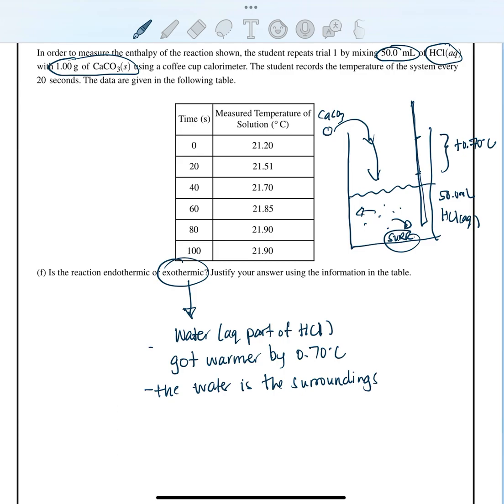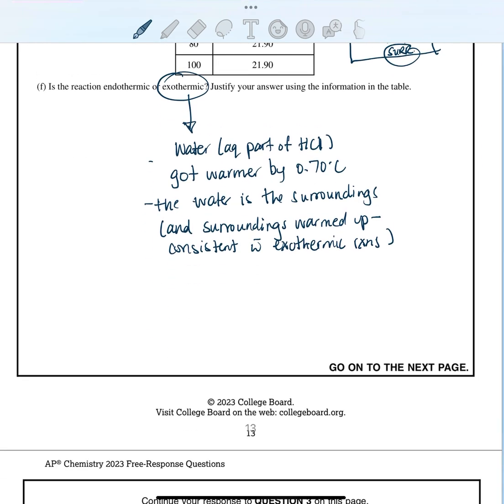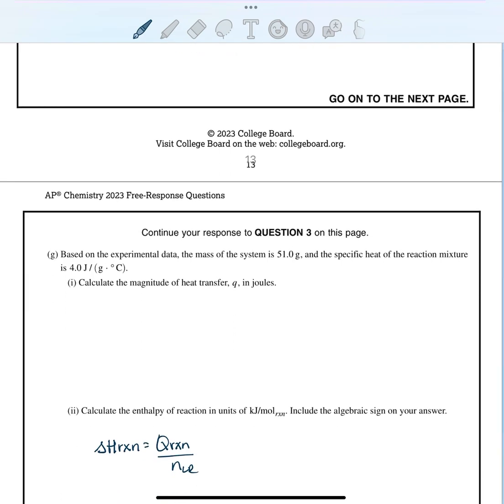So the water is the surroundings, and the surroundings warmed up, which is consistent with exothermic reactions. You can word this better. You can look at the answer key online and try to word it a bit nicer, but hopefully that gives you the idea. Moving on, let's see if I can finish solving this in one video.